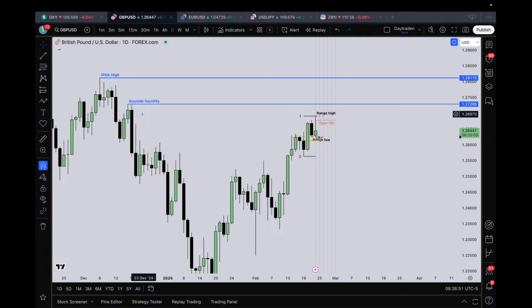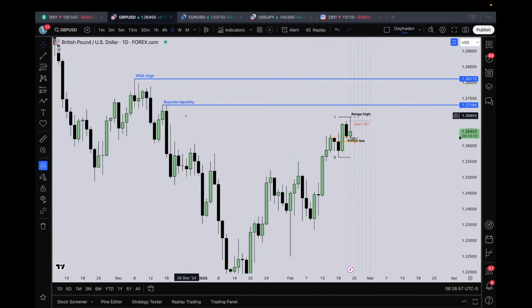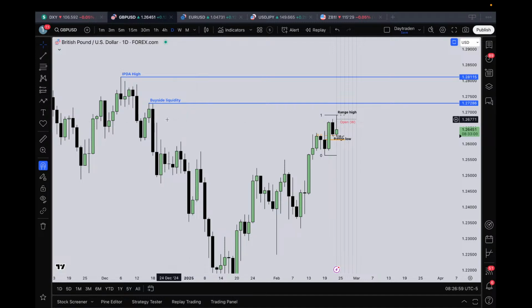So personally, I am still going to look for higher prices on the British pound. What are the main levels on the daily that I'm looking at? That is this high at 1.27286 and this IPDA daily range high at 1.28115. Those are the midterm targets for me in regards to the British pound.